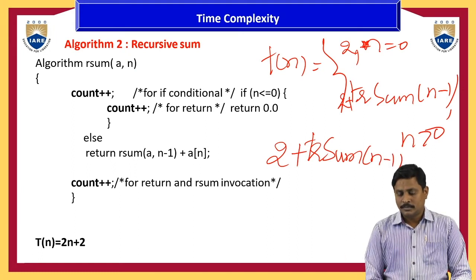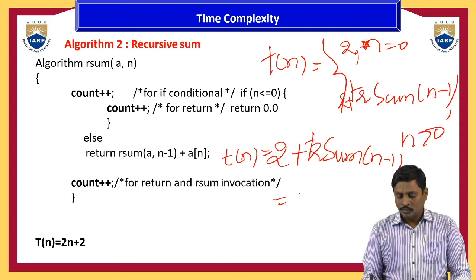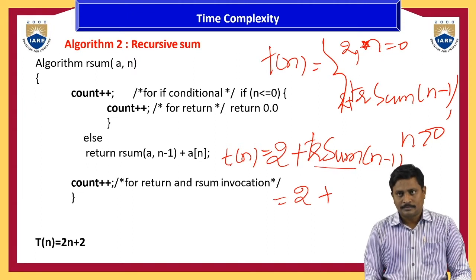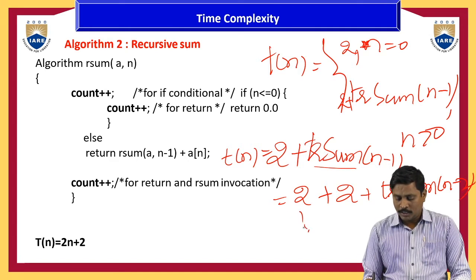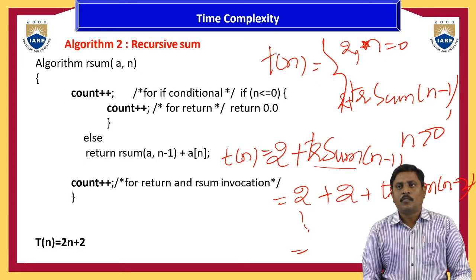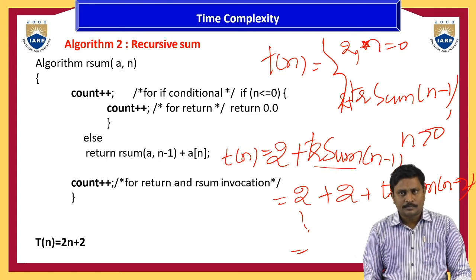TR sum of n minus 1 is also of the form T of n. So 2 plus TR sum of n minus 1, again 2 plus TR sum of n minus 2, and so on. So 1 to n minus 1 means we are repeating n minus 1 times.